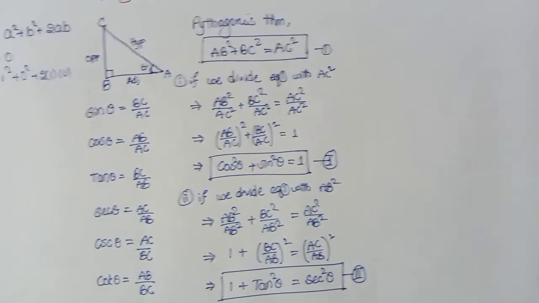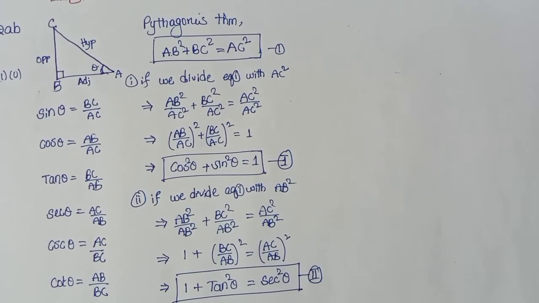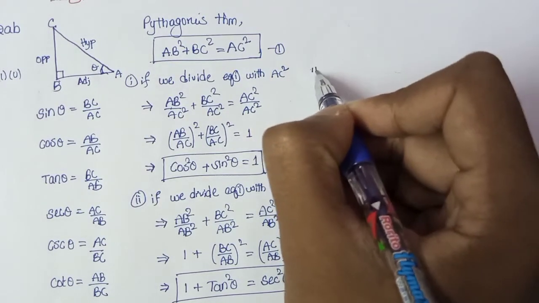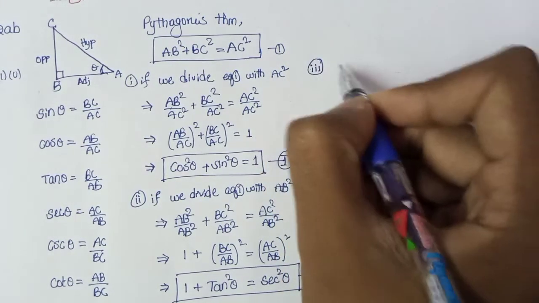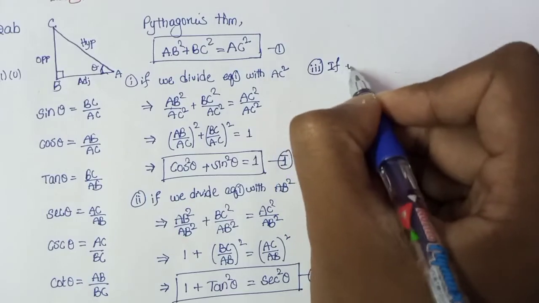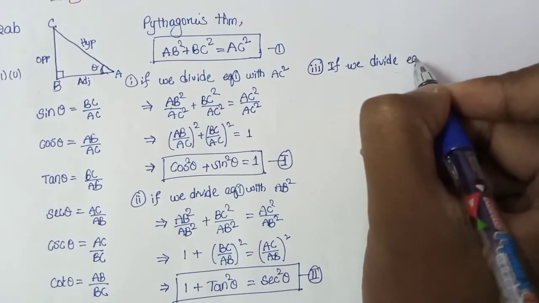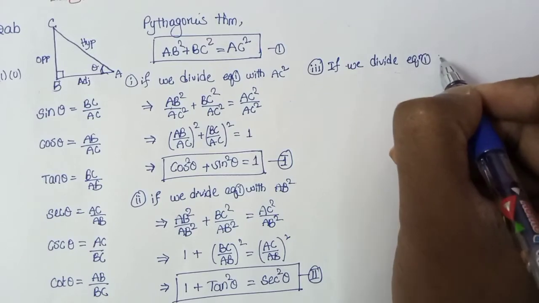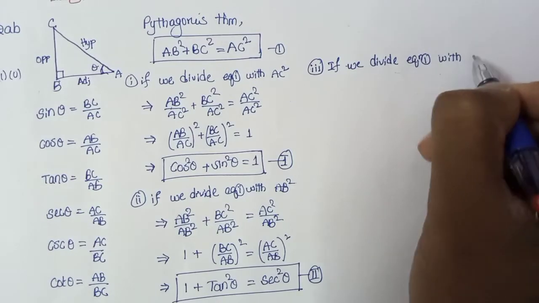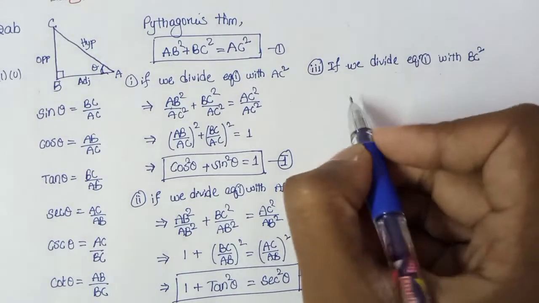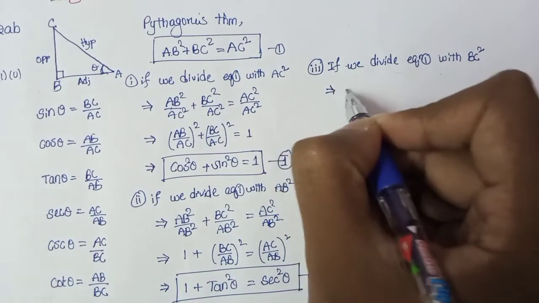Okay, let us take one more thing. Third case: if we divide equation 1 with the BC square term, what will we get here?